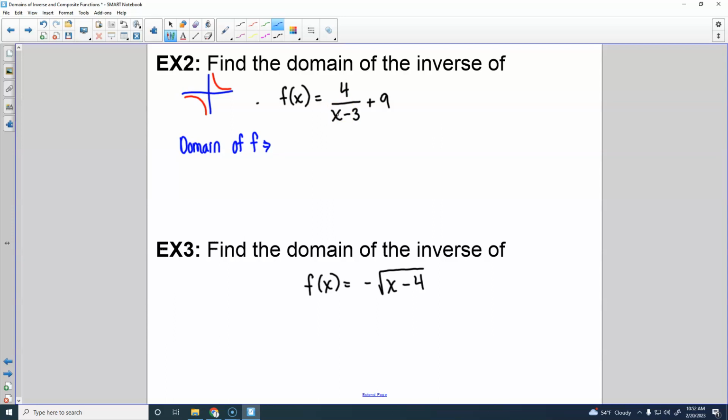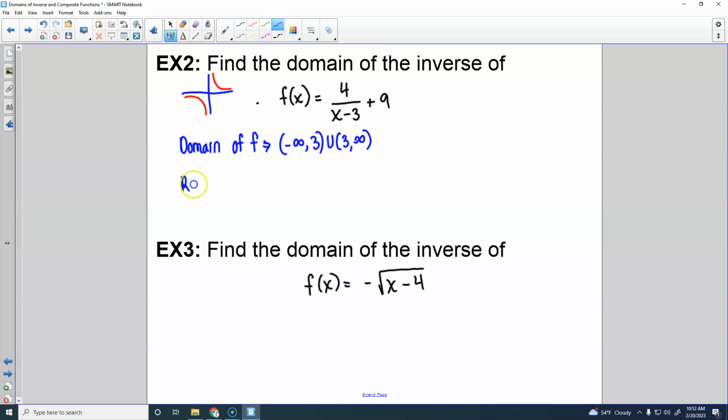Or we can think this has been moved to the right 3, which makes that vertical asymptote at 3. So x cannot equal 3, so that would be negative infinity to 3 and 3 to infinity. So that, using those parentheses, just excludes that one value at 3.